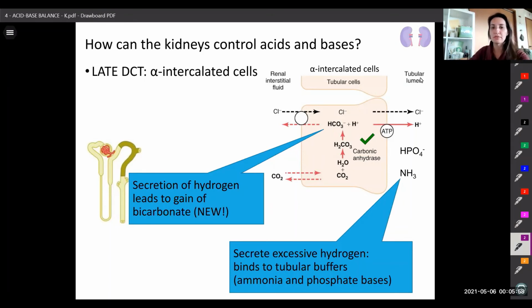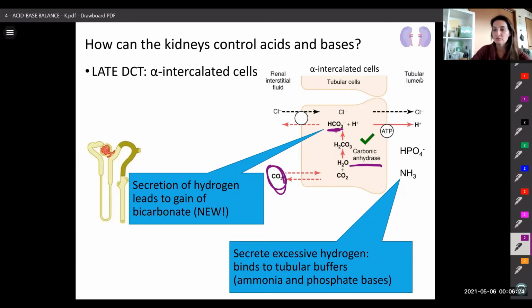Instead, we start with CO2 from the body tissues, right? CO2 is diffusing in and out of cells. When it diffuses into the cells, if carbonic anhydrase is active, it will combine that CO2 with water to form carbonic acid. That dissociates, and now we have bicarbonate where we didn't have bicarbonate to start.